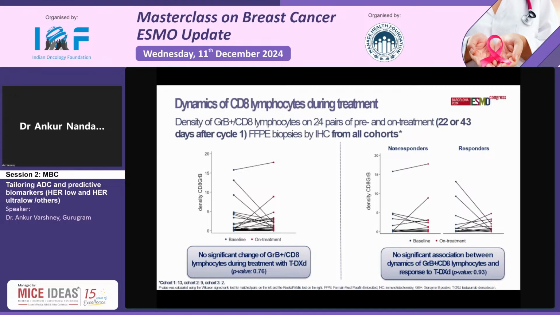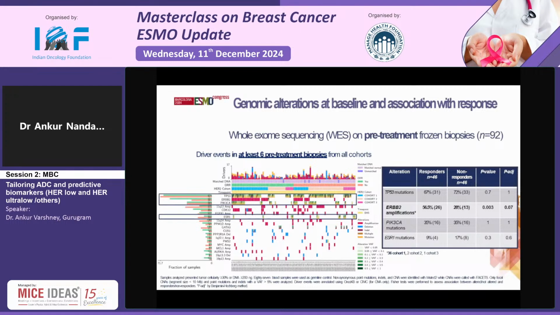When whole exome sequencing on the pre-treatment fresh frozen biopsies was done, we found that the presence of TP53 mutation, ERBB2 amplification, PIK3CA mutation or ESR1 mutation doesn't have a significant association with the response to trastuzumab deruxtecan.